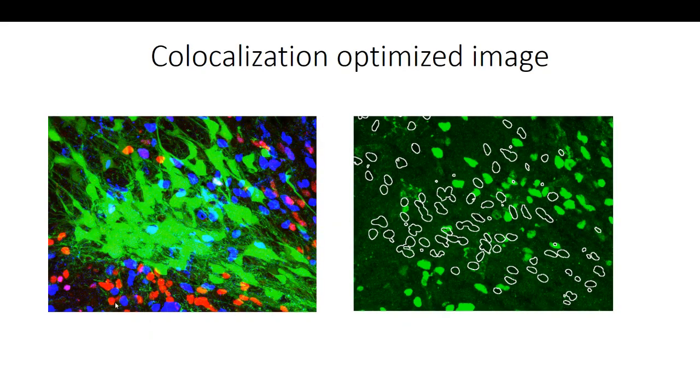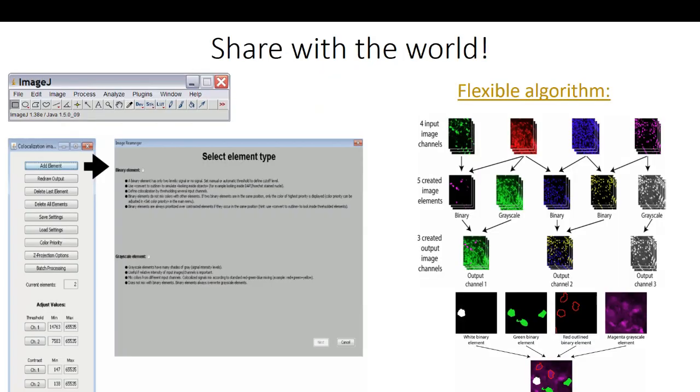So here you see an example of a complex image that has been transformed into this simpler image that is fast and quick to analyze and doesn't have any of the problems I have described. So I wanted to share this technique that I thought was very useful with the world.